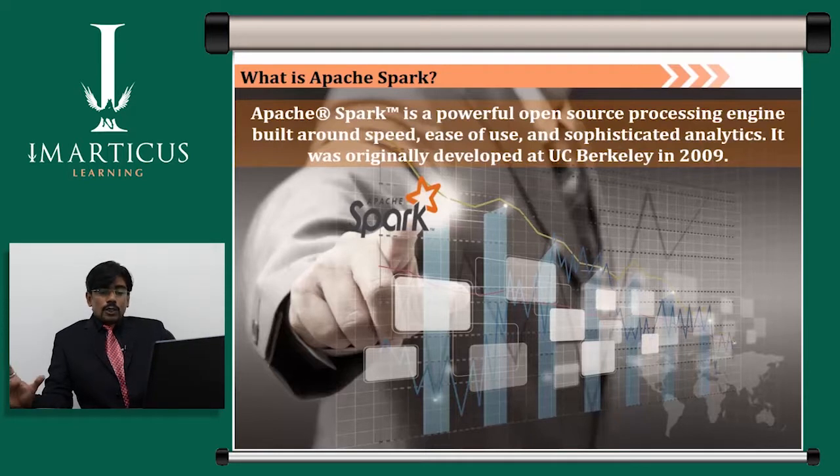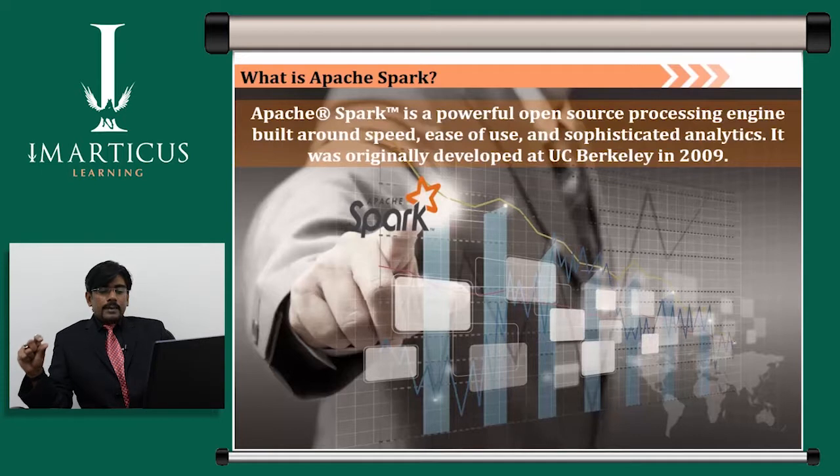Apache Spark is basically optimized to run in memory, helping process data far more quickly than alternative approaches like Hadoop MapReduce. Hadoop tends to write data to and from computer hard drives between each stage of processing.